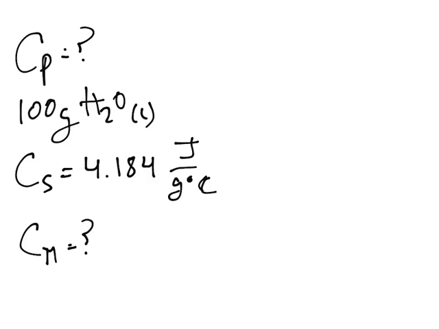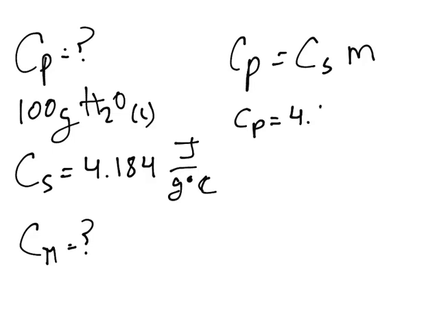So using the formula I gave you before, we can obtain Cp using Cs times the mass. And then it would simply be, we have 4.184 joules per gram degrees Celsius.